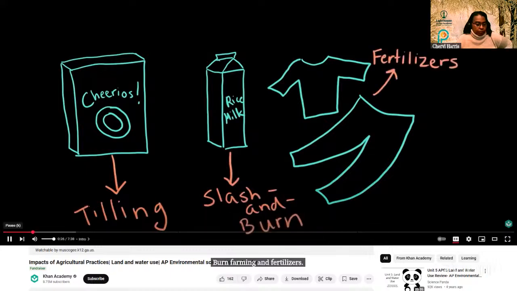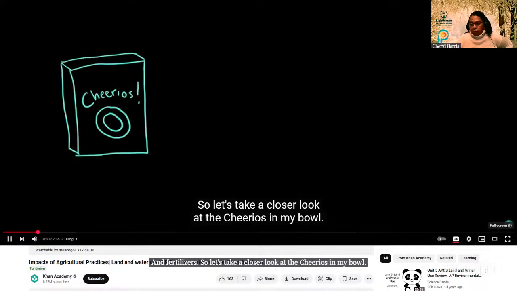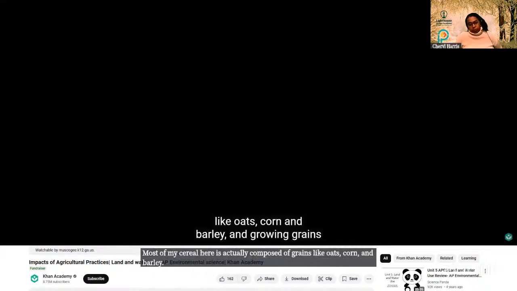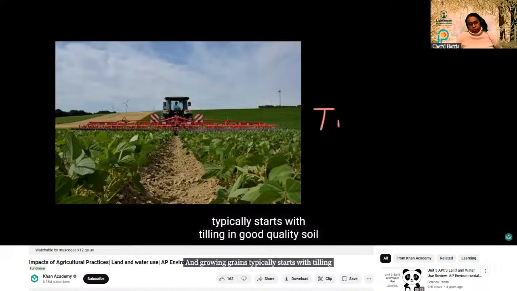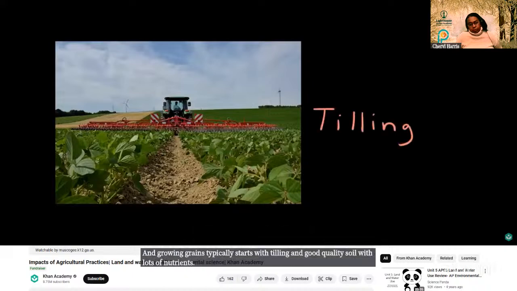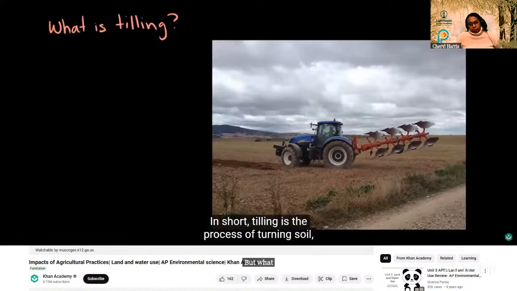So let's take a closer look at the Cheerios in my bowl. Most of my cereal here is actually composed of grains like oats, corn, and barley. And growing grains typically starts with tilling and good quality soil with lots of nutrients. But what is tilling? In short, tilling is the process of turning soil.